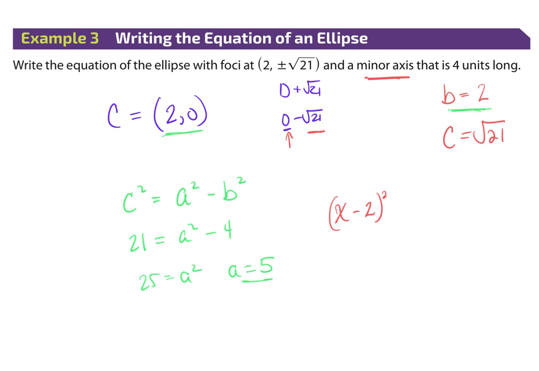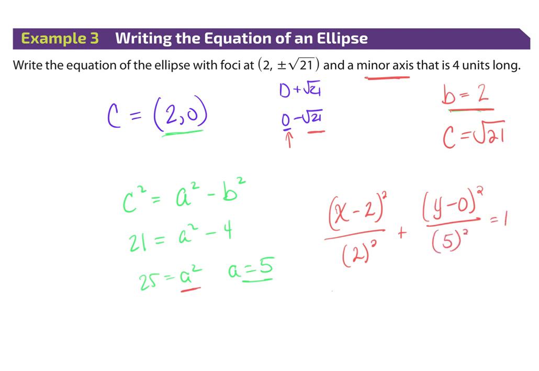So my B value is actually going to be under my X, right? My B value squared is going to be under there because I figured out that's the minor piece of it. My second one is going to be y minus the k value squared over my major axis. My major axis is my A, so A squared, we know, is 5 squared, equals 1.